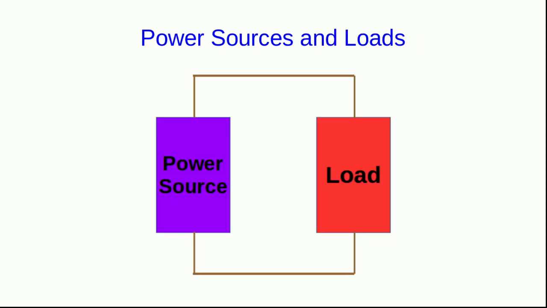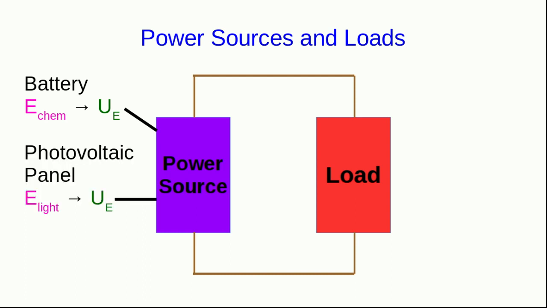A useful piece of terminology is power sources and loads. A circuit generally always consists of a power source and a load. The power source could be any number of things. It could be a battery converting chemical energy into electric potential energy, or perhaps a generator doing the same conversion but by a different means. It could be a photovoltaic panel converting energy carried by light into electric potential energy.